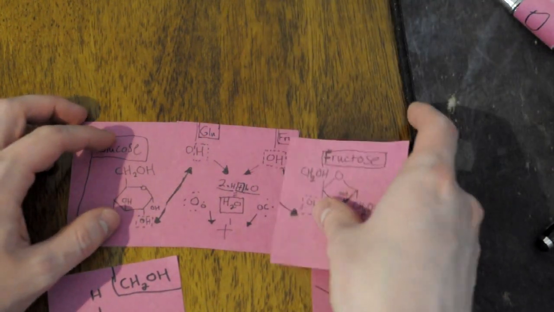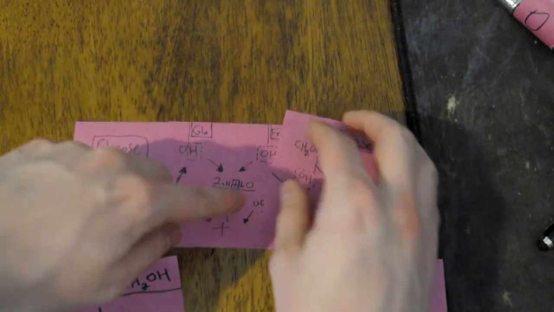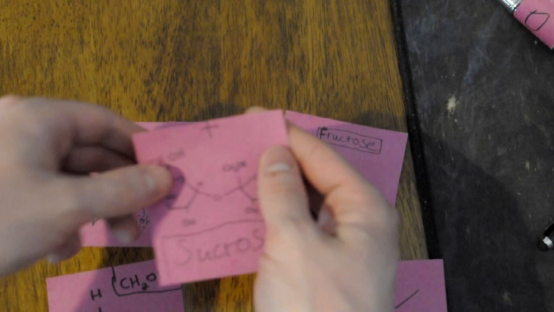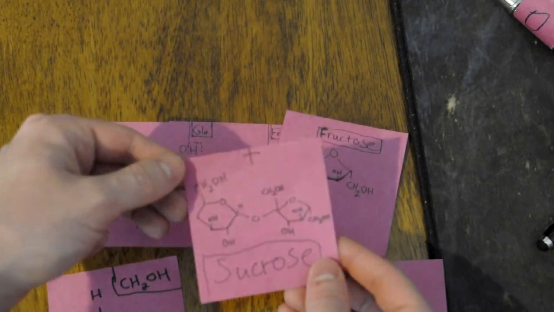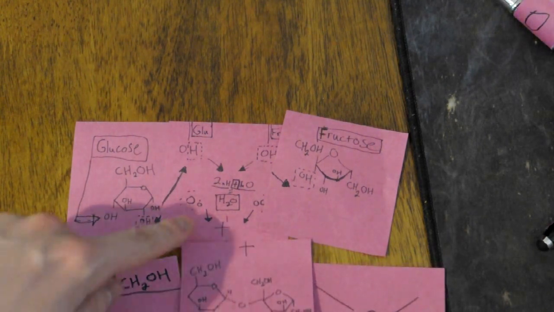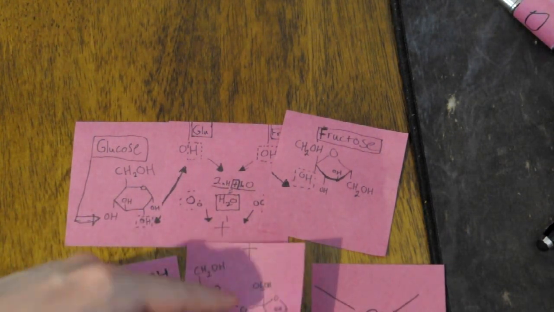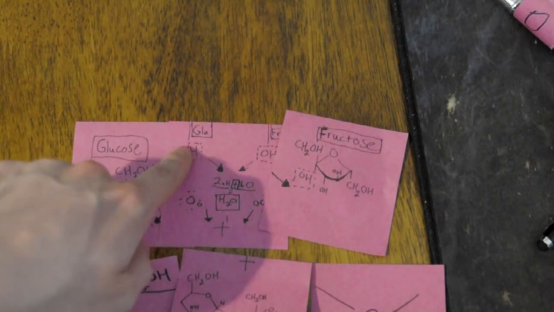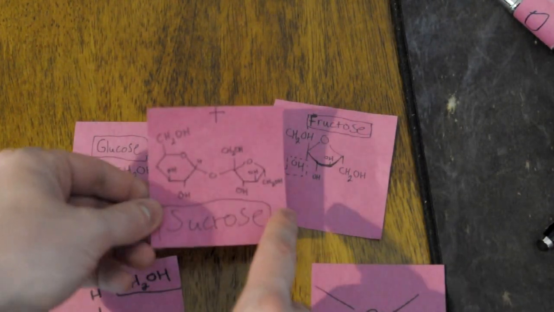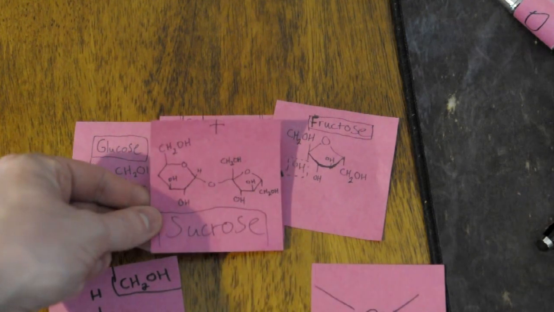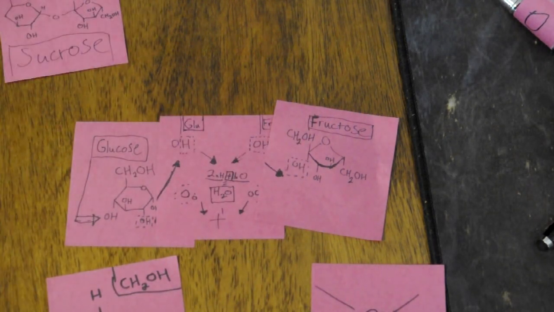And then the resulting molecule, the product, is a sucrose molecule. That oxygen in the middle basically forms an ether group, which connects the glucose and the fructose molecule. Because they're connected together into a new macromolecule, it becomes a new molecule called sucrose.